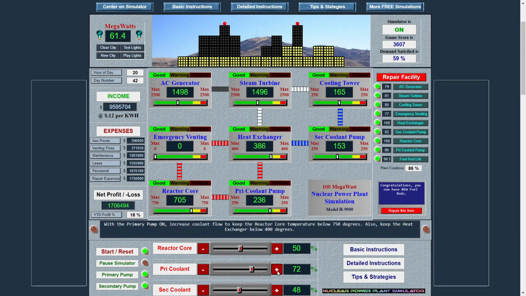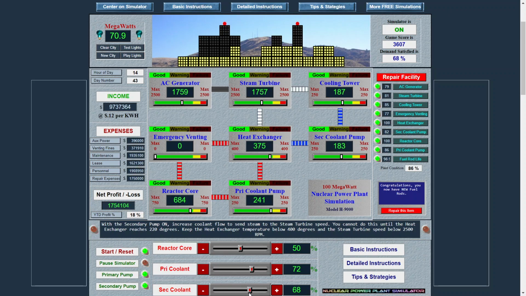Let's increase just one tiny bit the primary coolant and increase the secondary. I didn't pay attention, but I think when I refueled, it automatically decreased the secondary coolant. Otherwise, I don't know why the AC generator went too low. I didn't touch the secondary coolant at all. Okay, let's increase a bit primary and a bit more secondary.